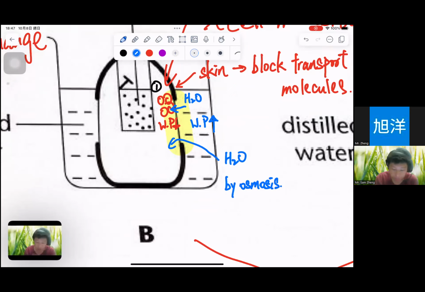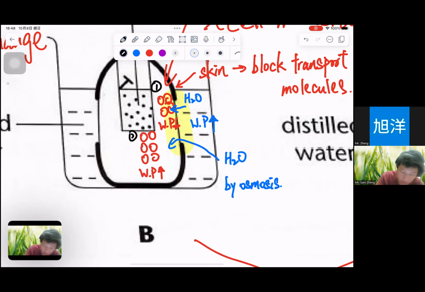Next, once there is a movement of water molecules from the surrounding solution into the potato cell, the water potential of the potato cells will be increased.